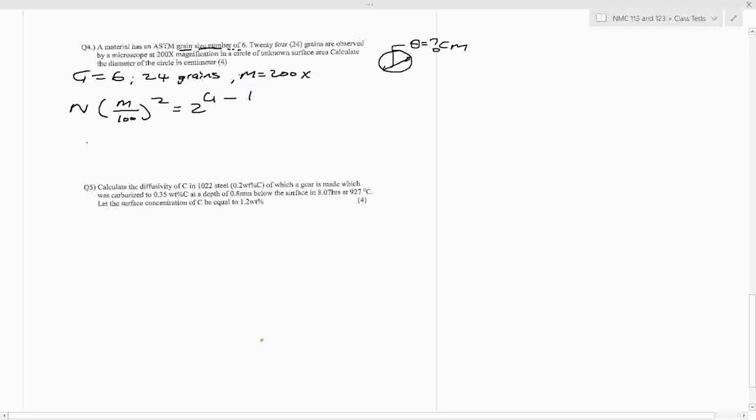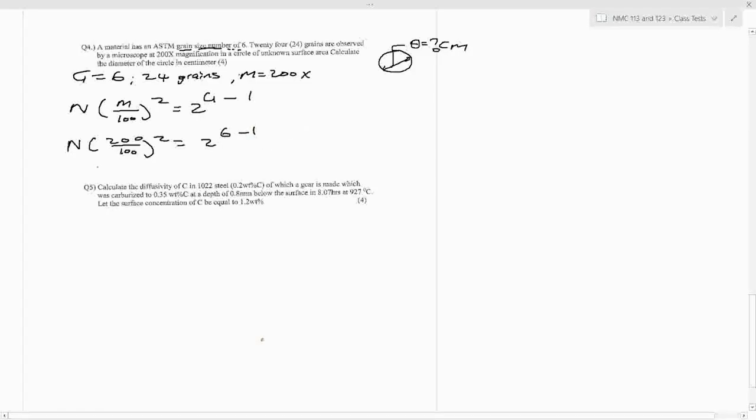Here we've been given our magnification as 200, that'll be over 100 squared, and we have G, which is 6.